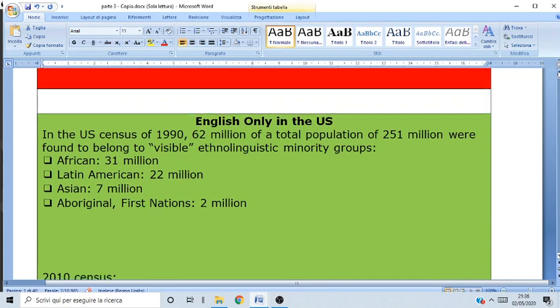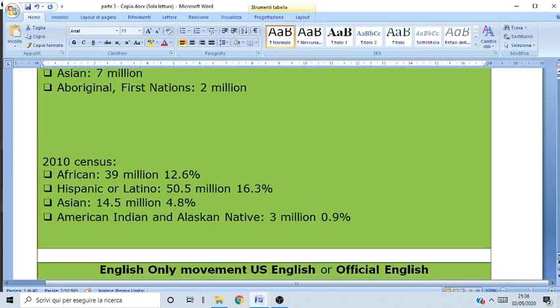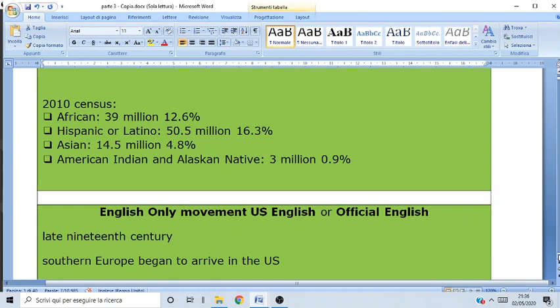Okay, so they are here. That's 1990, 2010. So what happens 20 years afterwards? Well, in this case, Africans got up to 39 million, with 12.6%. Hispanics, or Latino, went to 16.3%. Asians, 4.8%.